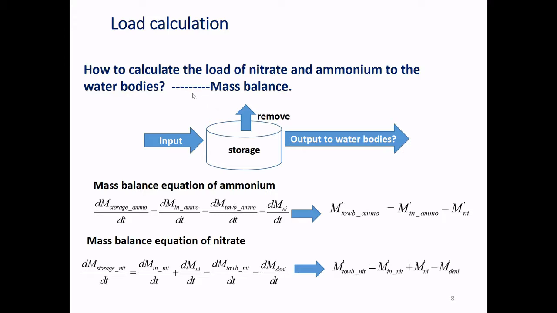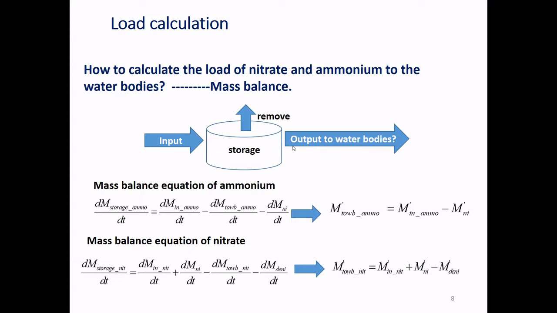So you need to have a denitrification or mass balance essentially for both ammonium and nitrate. So we have the same idea. You have input essentially. This is for groundwater. You have input from VZMOD. You have denitrification for nitrate. You have adsorption for ammonium and the nitrification for ammonium, they're gone.